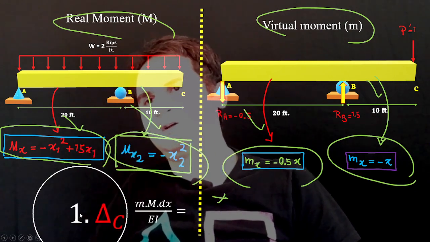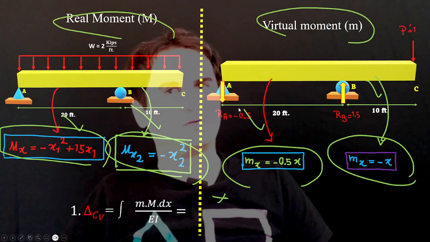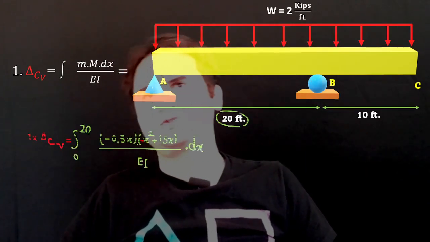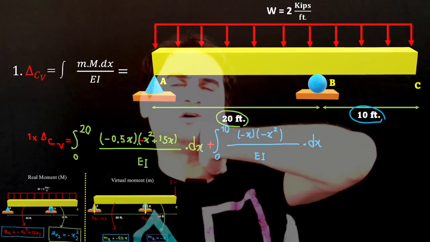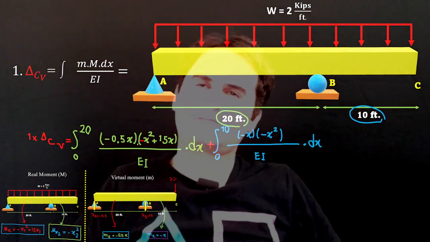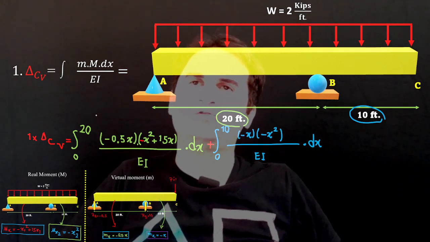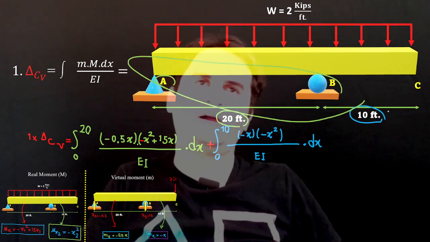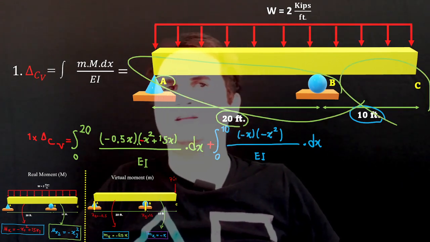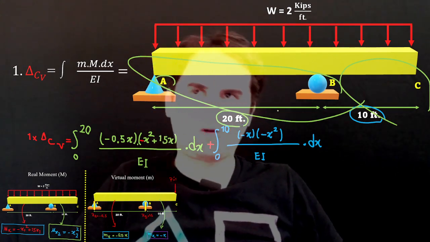Just be careful about the limits of your integration: 0 to 20 for part AB, and for the other part it's 10 feet, and let's see how we can solve it.